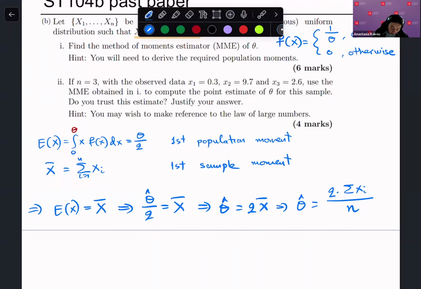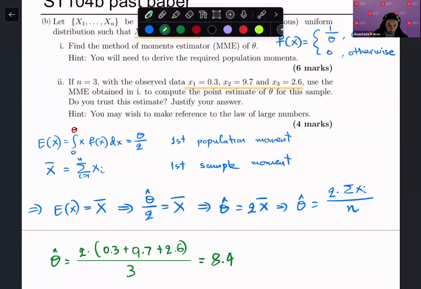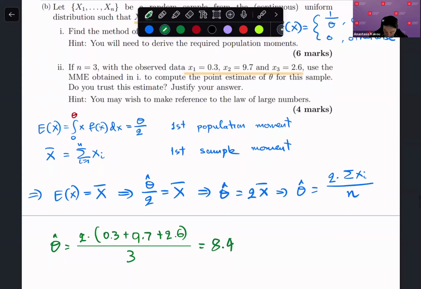Now, if you're given a small sample, in this case these values, you end up with theta hat equals 2 times (0.3 plus 9.7 plus 2.6) divided by 3. And that gives you a number, 8.4. The problem with that is that this 8.4 is smaller than one of the observations.